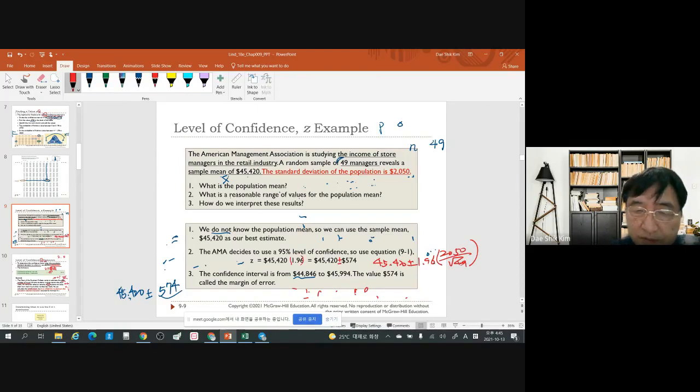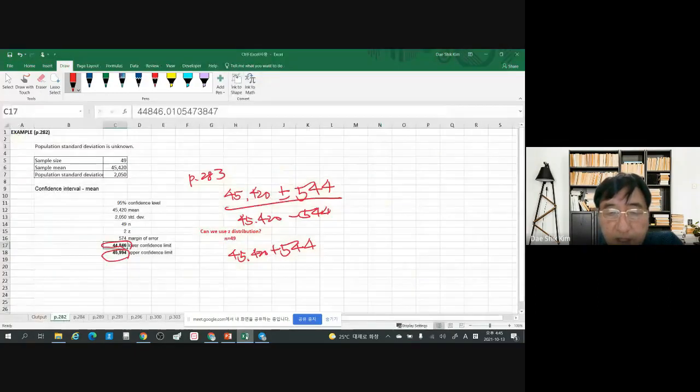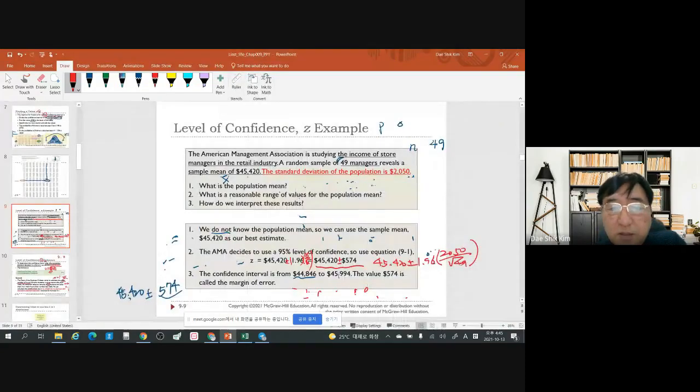Here some value is missing. Divided by square root n. So you can find this one, and I already explained, but same thing, I solved using Excel directly.